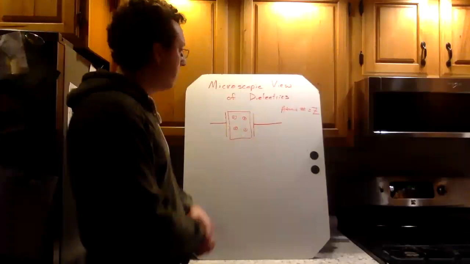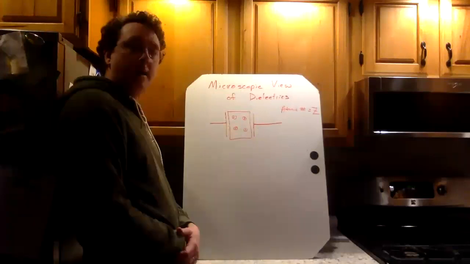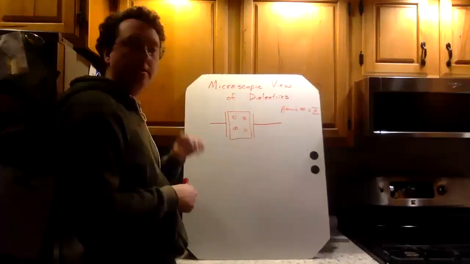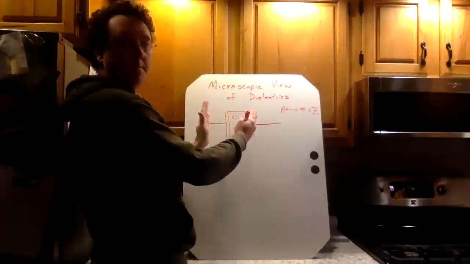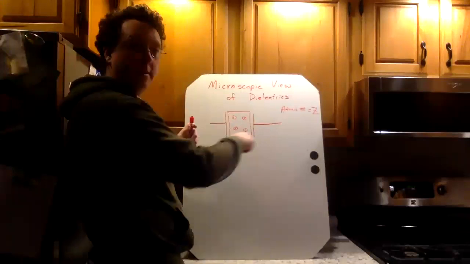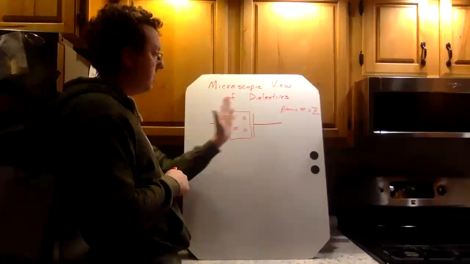Now let's think about what happens to this material if you hook up the capacitor to a battery. You apply a voltage across this capacitor, which generates an electric field running from one side of the capacitor to the other.